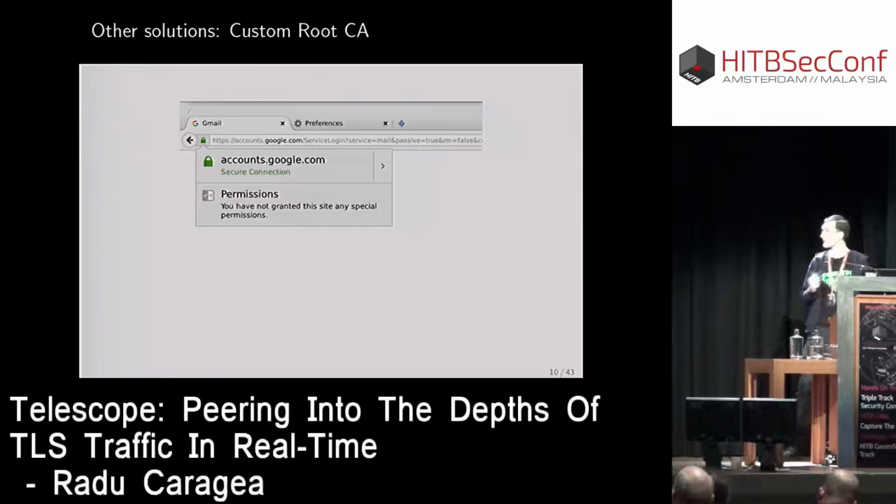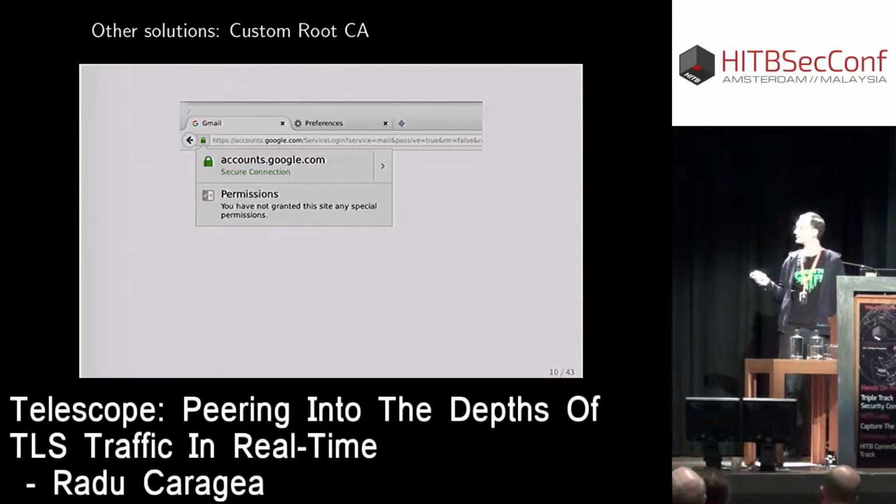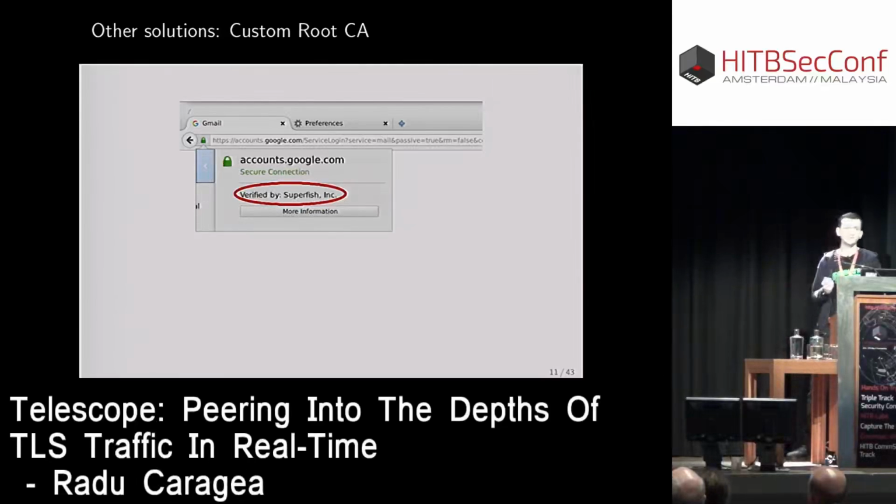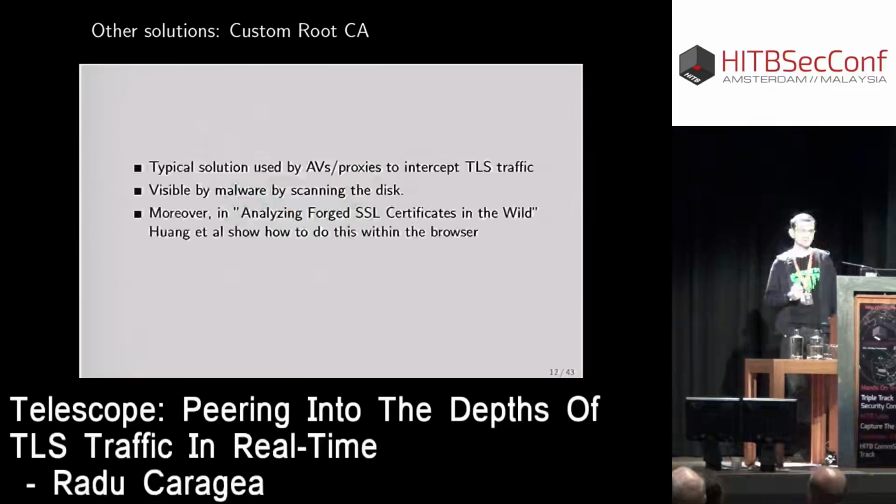Another solution, speed quiz. Do you think this connection is secure? Looks like it, right? It has the green padlock, secure connection. Well, now do you think it's secure? Verified by Superfish. This is a root CA.